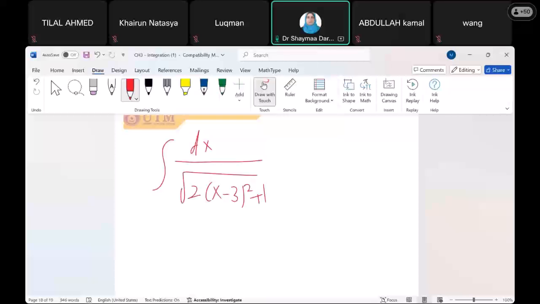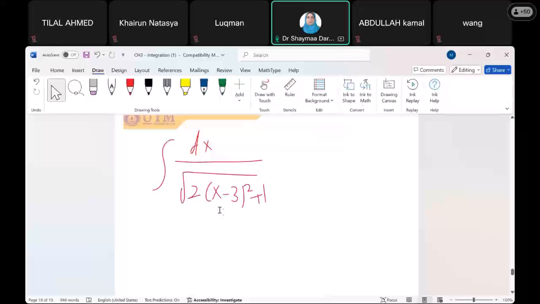I need to find the integration here. Okay, when I have this kind of integration from the beginning, I know this integration will be solved by formula. How do I know? Here I have a constant, I have a fraction. On the top, I have a constant, and below, we have a quadratic equation. So this is one of the formulas.